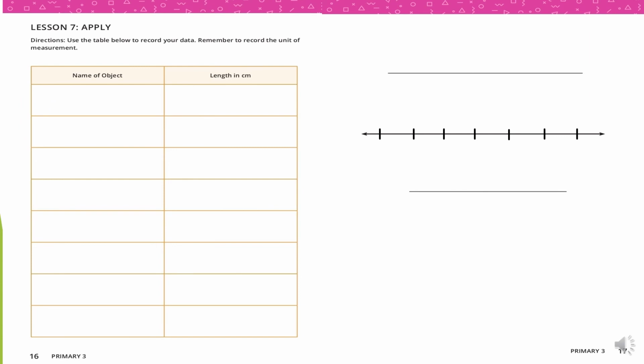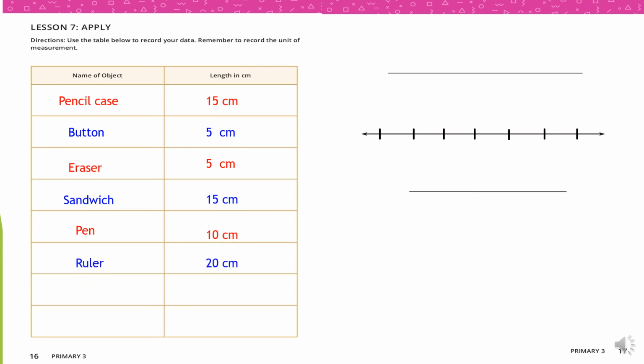Lesson 7. We will name some objects and record the unit to measure. Pencil case, 15 centimeter. Button, 5 centimeter. Eraser, 5 centimeter. Sandwich, 15 centimeter. Pen, 10 centimeter.